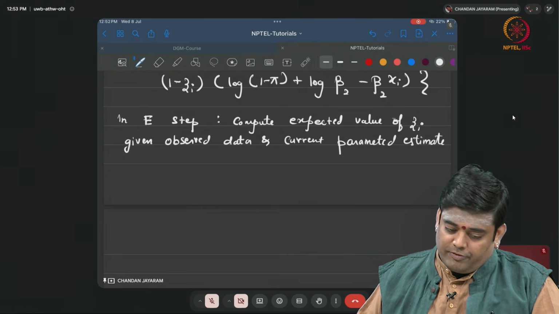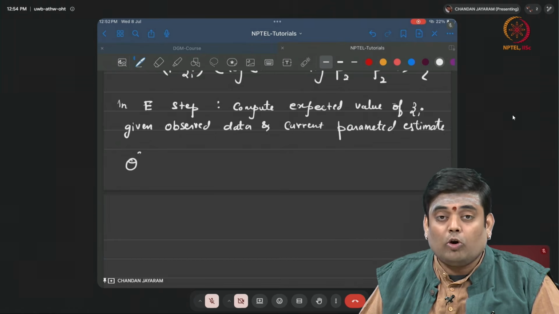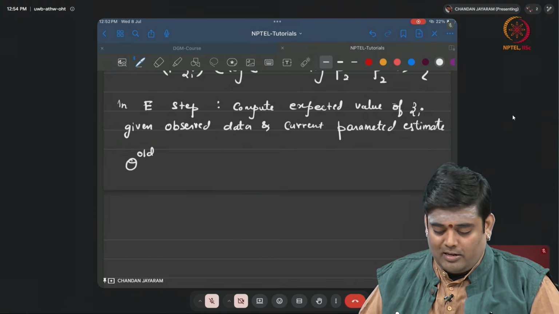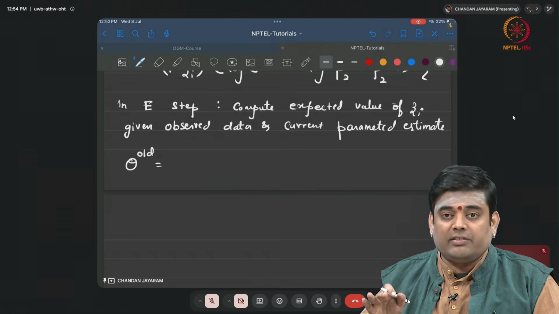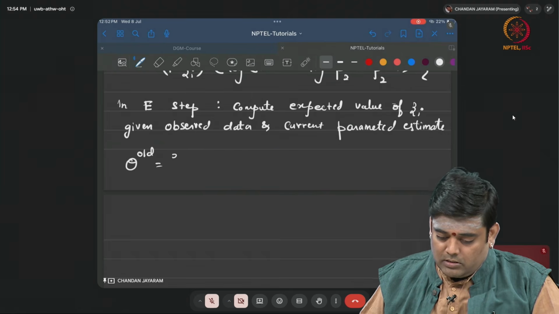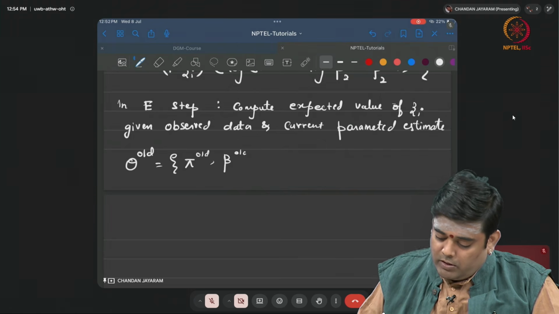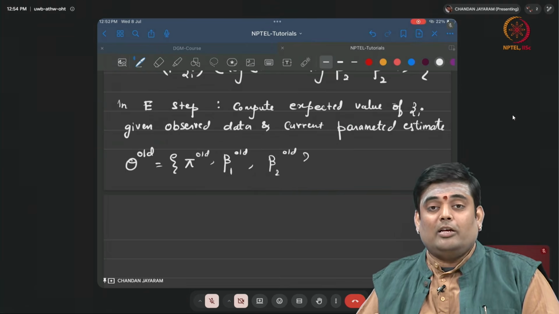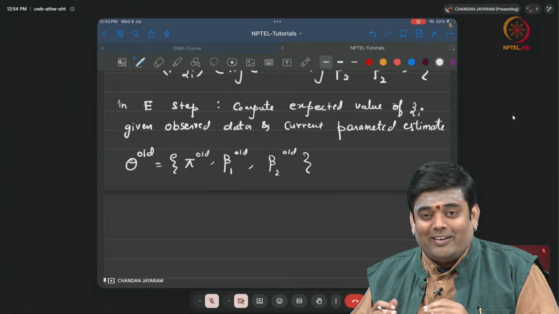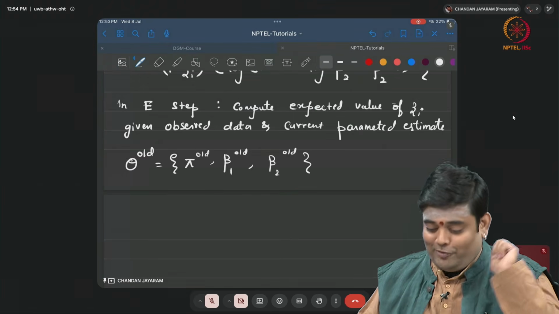Just for the sake of clarity, I use another notation, theta old, to indicate the old parameters, and the updated parameters I leave as theta. So this is pi old, beta 1 old and beta 2 old. I know that the equations will become more cluttered, but I am assuming that all of you are capable enough to take care of these things.